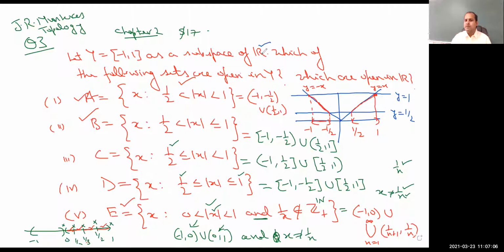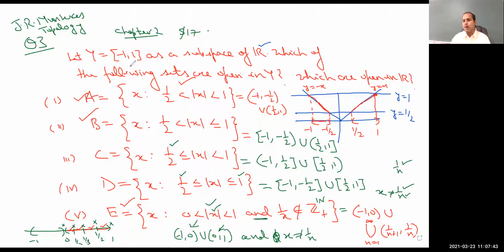Since we now know the basis of both, I can use another definition: a set U is said to be open if for every x belonging to U, there exists at least one basis member B such that x belongs to B and B is contained in U. Suppose you want to check whether this set A is open or not; then you can apply this definition with the basis generating the subspace topology on this set.